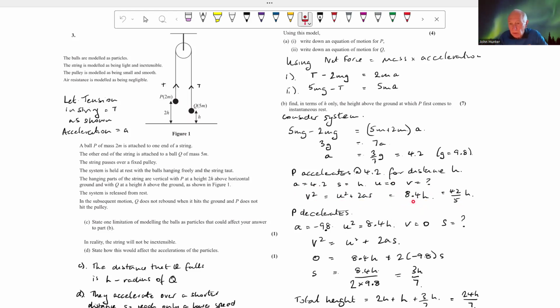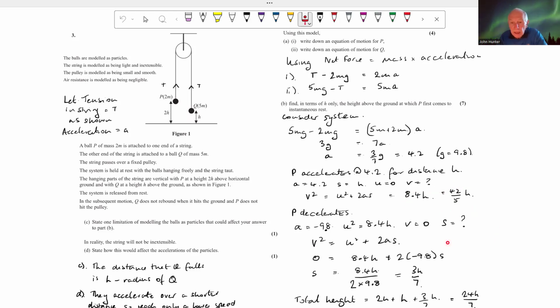So v is actually the square root of 8.4h. But we actually need to know v squared, so just keep that as v squared there. Either of those two might come in the next stage.